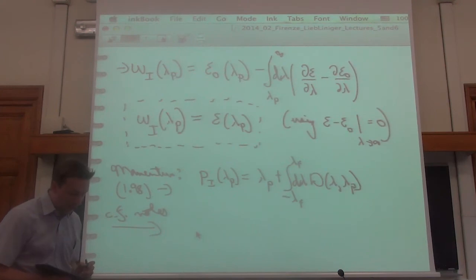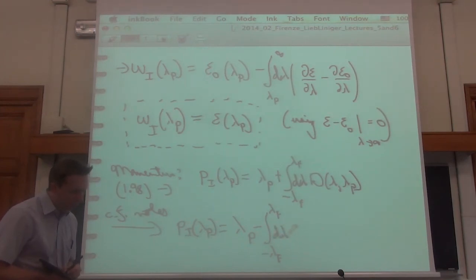Essentially, what you obtain is that the momentum of these excitations, lambda p, is equal to some formula which is not quite as nice as this one here, but still you have the integral from minus lambda f to lambda f d lambda.